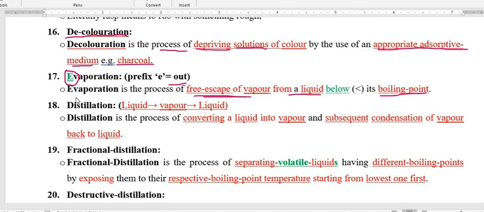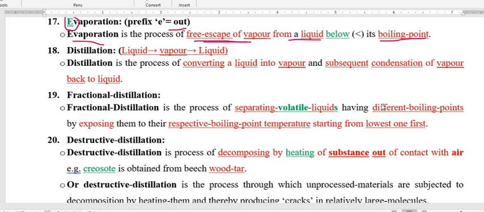So evaporation is simply vaporization, the escaping of vapor from the liquid below its boiling point.